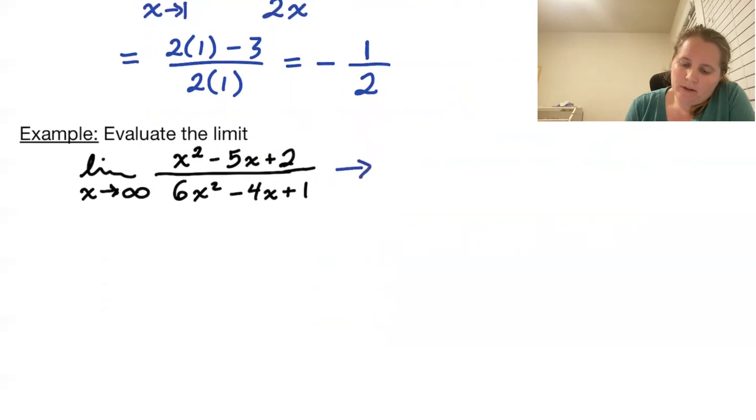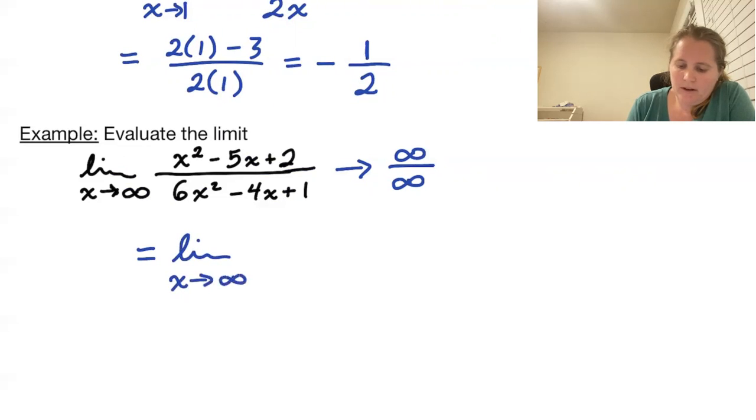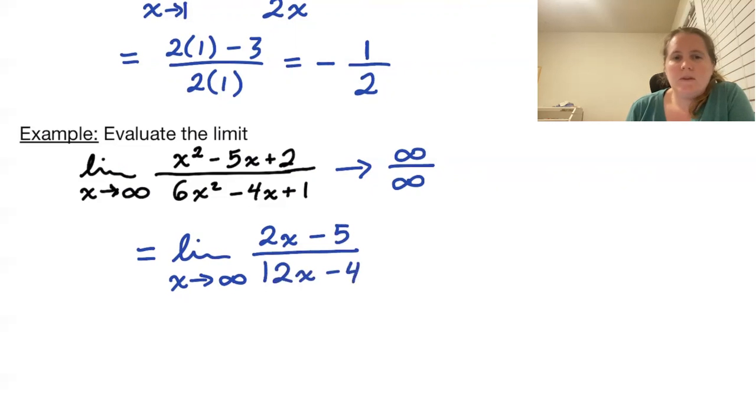So if we plug in infinity, this will definitely give us an infinity over infinity situation. And so we can go ahead and take the derivative. So we're now looking at the limit as x goes to infinity of 2x minus 5 over 12x minus 4.